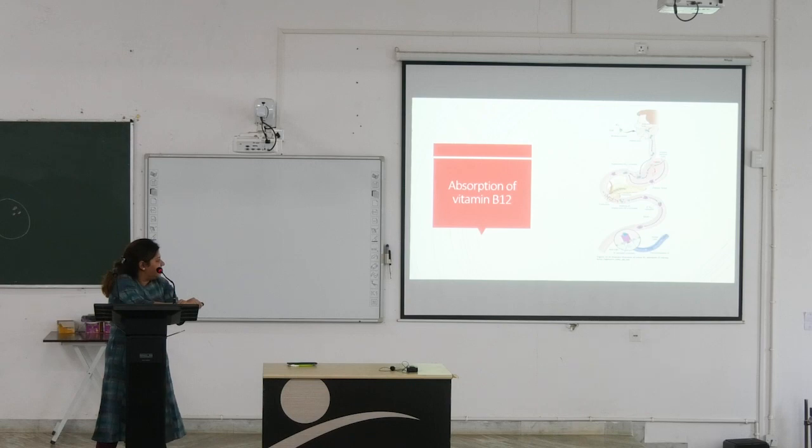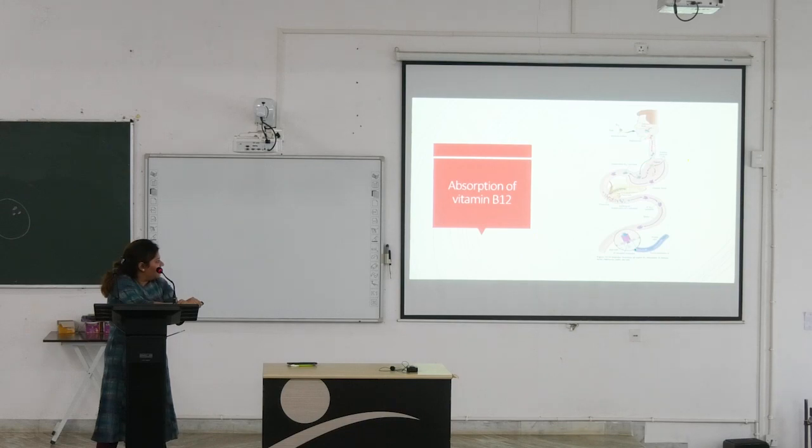Now, in the stomach, there are gastric parietal cells. The gastric parietal cells secrete pepsin and they secrete intrinsic factor. The pepsin releases the vitamin B12 from the binding protein, and vitamin B12 is free.